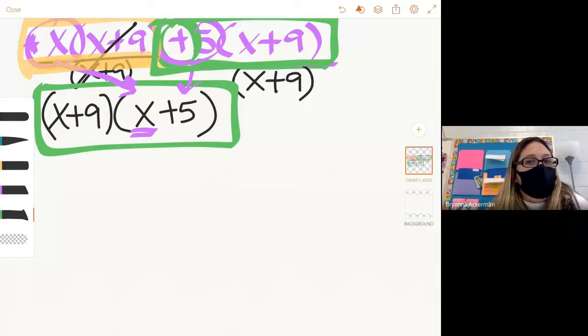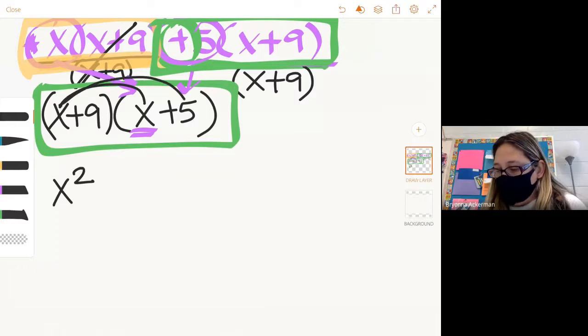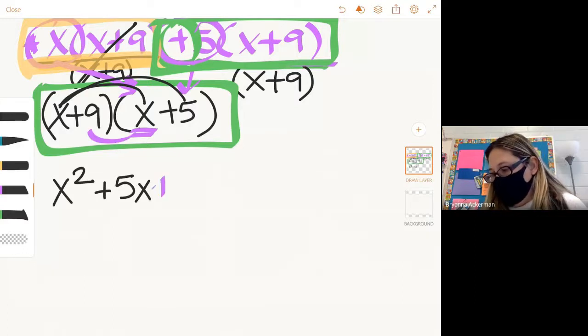Now, if you ever don't trust yourself, what's neat about these is I can FOIL this, right? And so FOIL, or some of you used to do the box method, is x times x. So x times x in this case is x squared. X times 5 is 5x. And then we go to the other one, 9 times x and 9 times 5.